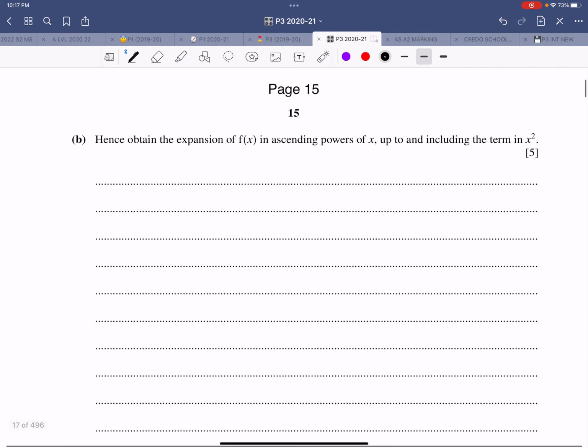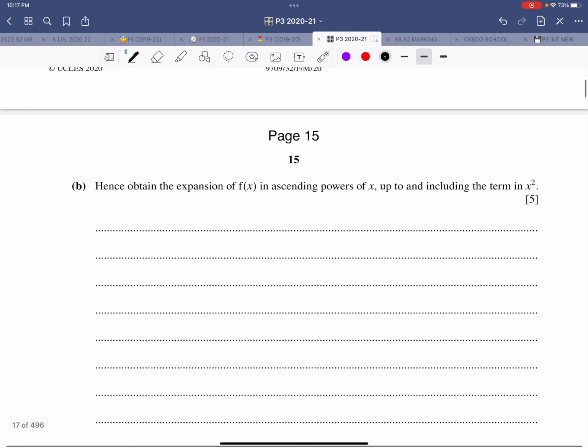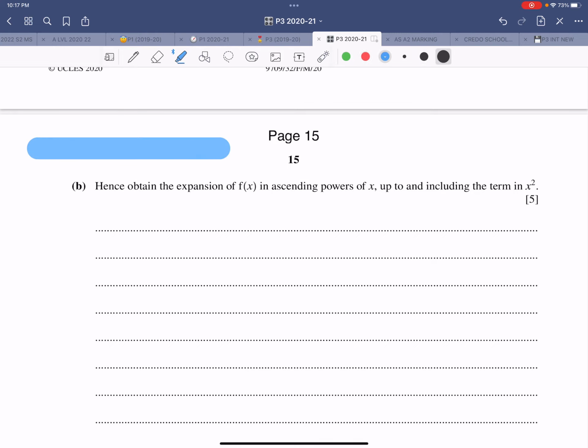So let me write each one separately. First of all, the answer for the first part, that is A, is the numerator of 1 plus 2x: minus 2 over 1 plus 2x. B is 1 over 1 minus 2x. And C is 4, that's 4 over 2 plus x.